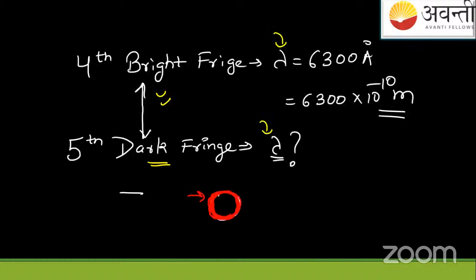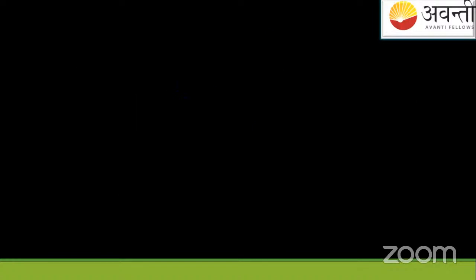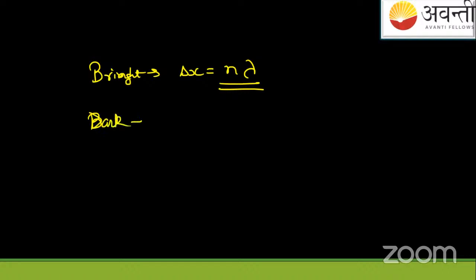See, it will be like this. Let me tell you. For the bright fringes, we know the path difference we found was n lambda, n times lambda. And for dark fringes, our path difference was 2n minus 1 times lambda by 2.